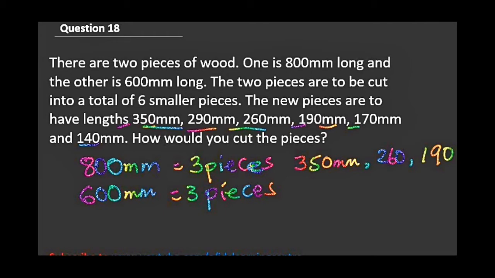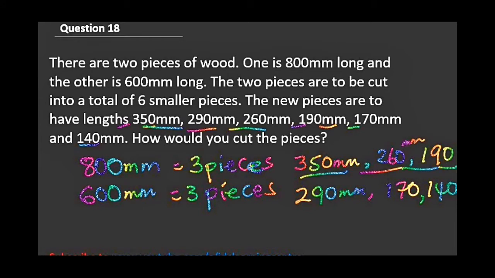For 600, I can also add 290 mm, 170 millimeters, and then 140 millimeters. So we have our 2 answers. Now for 800 millimeters, please remember to put your units. I'm trying to manage space here. And then we have the one for 600.